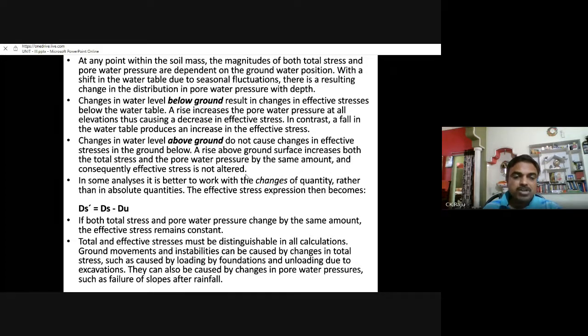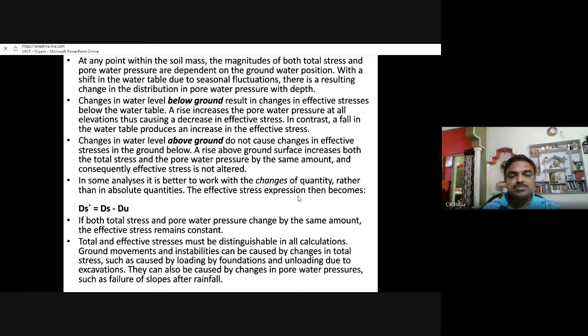So if the water table is above the ground level, and if that varies, then in that case there is no change in the effective stress. In some analyses, it's better to work with the change of quantity rather than absolute quantities.